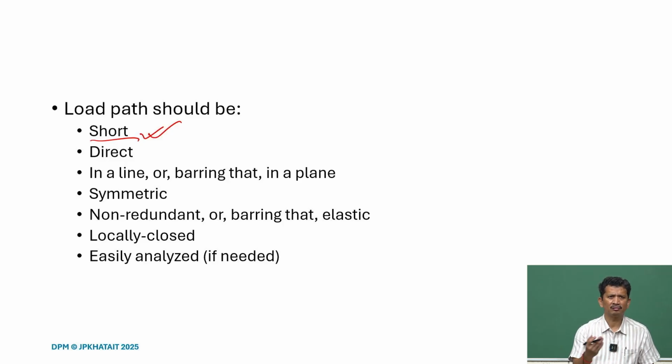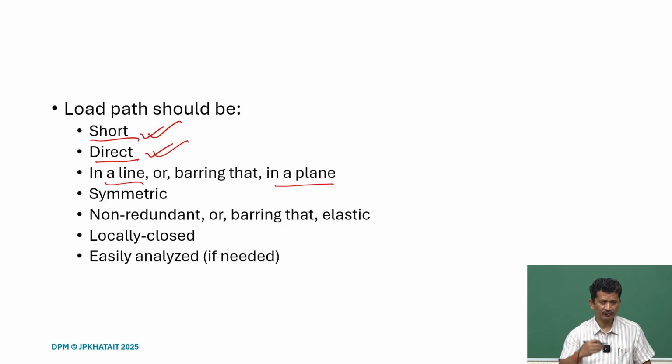But if it's short, it's mitigated easily, so that's obvious. Direct, yes, if it's going directly to the frame or to the part, that's also good. In a line or in a plane, depending on the case. If there is a lot of offset, then there will be a different kind of loading. One load can create a bending load, it can also create a torsional load. So, if there is offset, it's very good if it's along a line, if not in a plane.